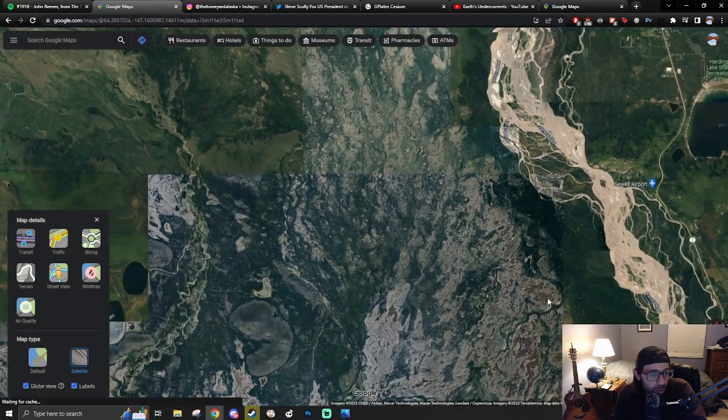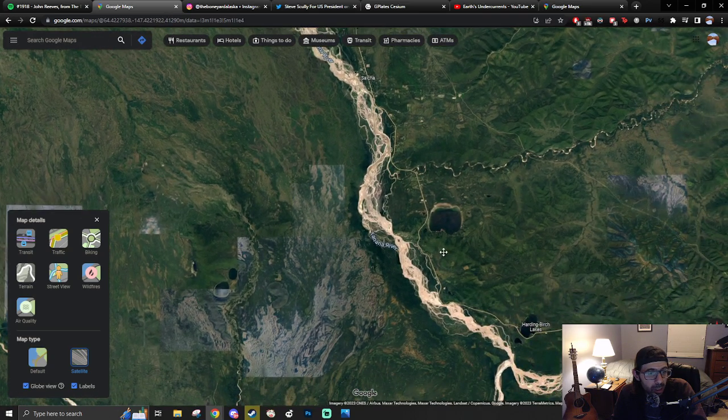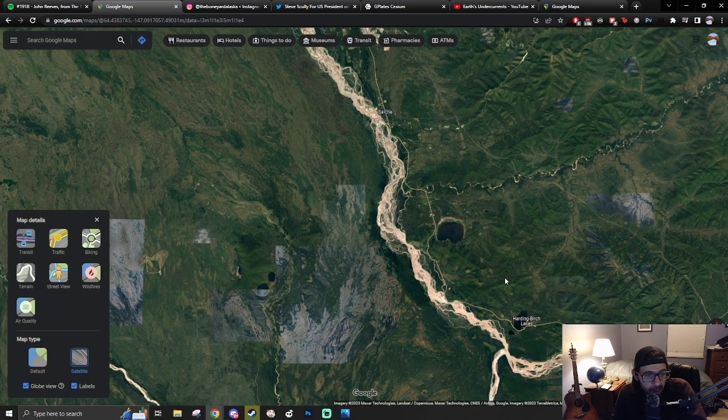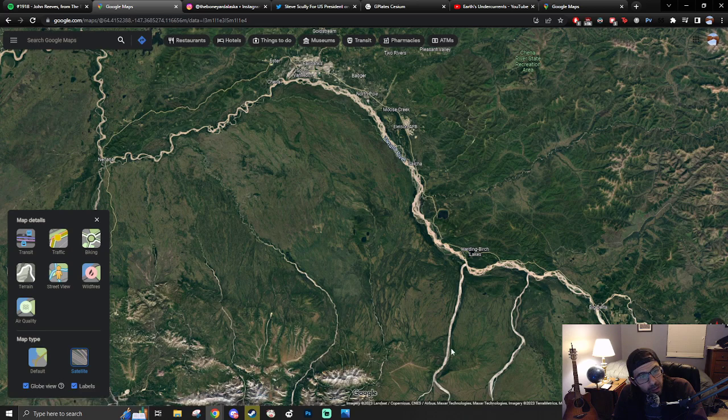Just snow, maybe. That's quite circular. It's quite the circular feature here. Right there.